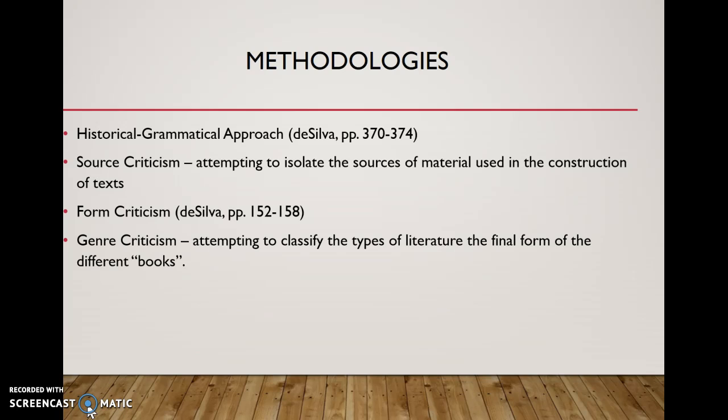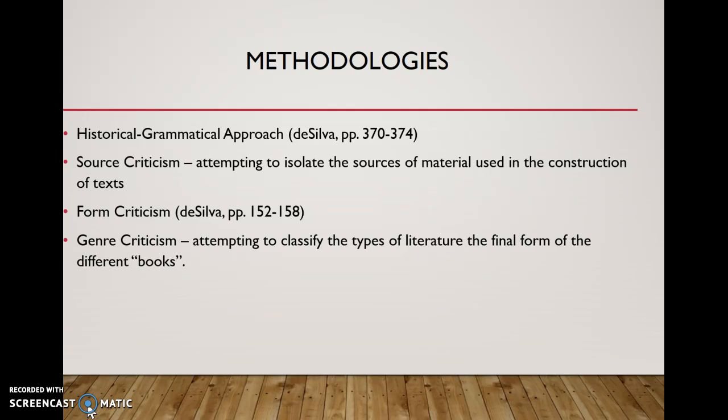I say books here because even calling a letter a book is a way of describing its genre. Now, we may not really think of a letter as a book. Maybe it's a book in the sense of being put together in some construction. But a letter would be a form.